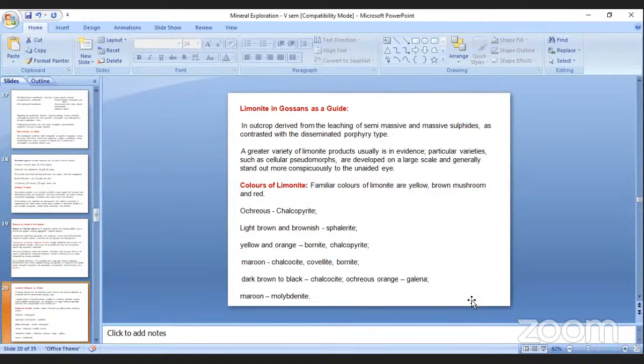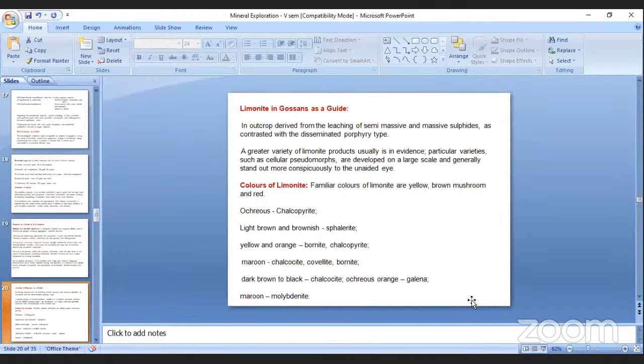Moreover, a great variety of limonite products is usually in evidence, such as cellular pseudomorphs, which are developed on a large scale and generally stand out conspicuously to the unaided eye.